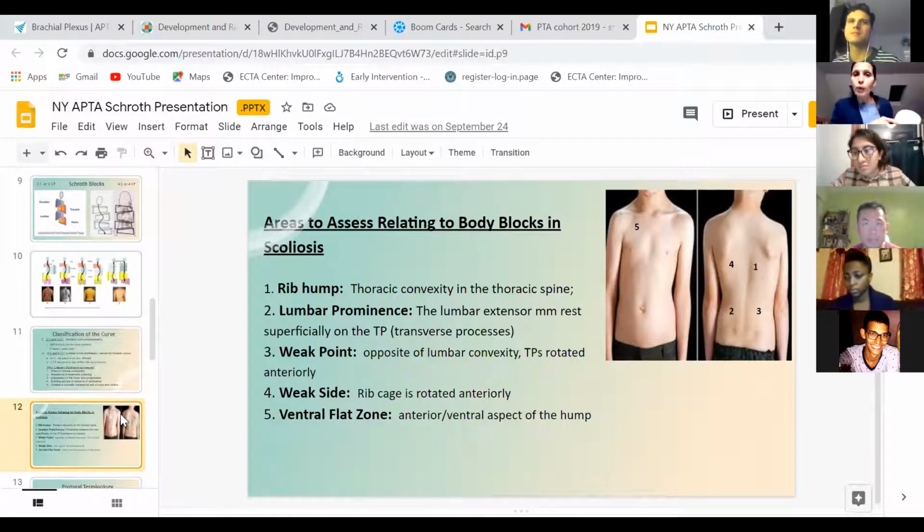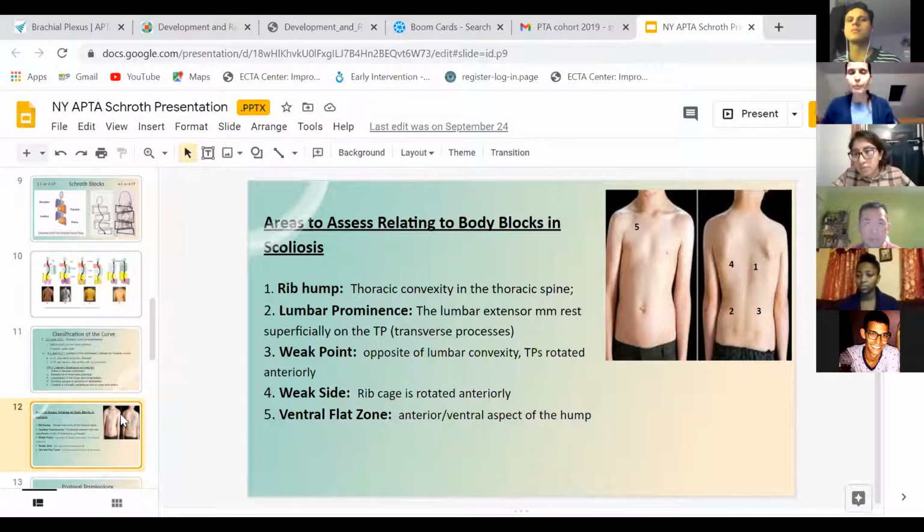The lumbar prominence is where the lumbar came backwards. There's really a hump, but the hump is from the paraspinal muscles. Again, you're going to use that to do a lot of manual PAs, PA joint mobs, because you want to push down.